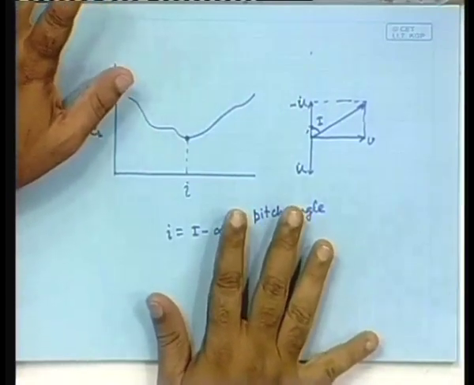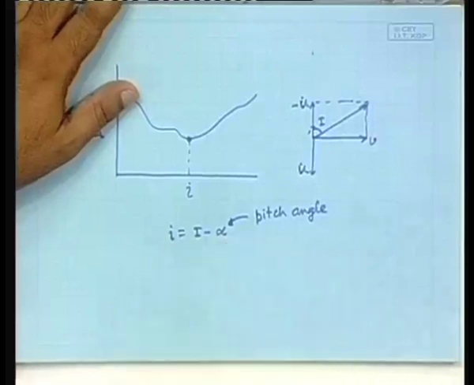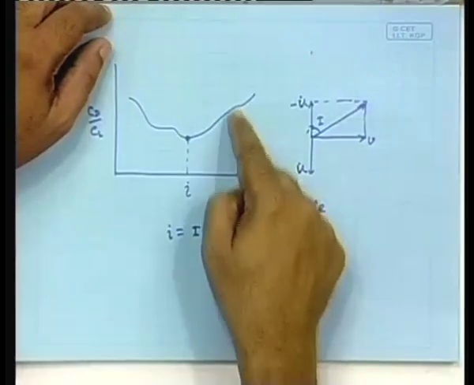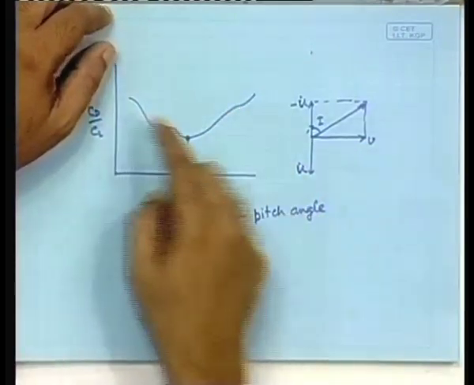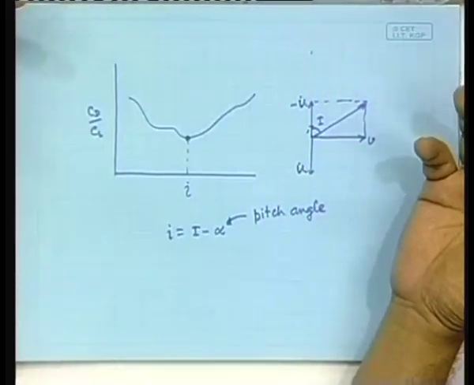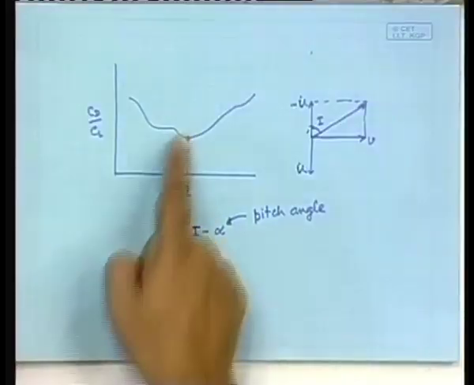If you do not, then what will happen? Again, in certain parts the blade section will operate sub-optimally, somewhere here or here, and then depending on that you have to calculate how much power will be produced. But your knowledge should tell you that yes, I want to keep the I constant at the optimal value.